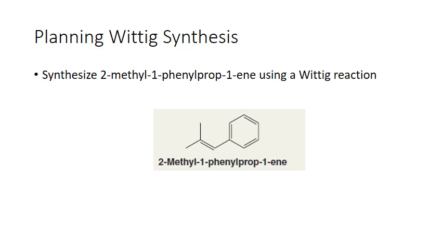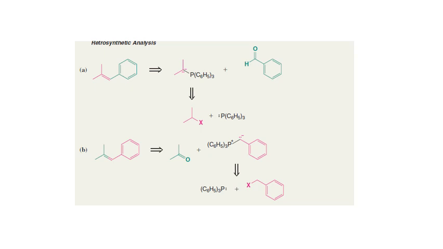Second, choose the alkyl halide to make the ylide from, and choose the ketone or aldehyde. In this example, we can consider 2 pathways, in what is called retrosynthetic analysis.